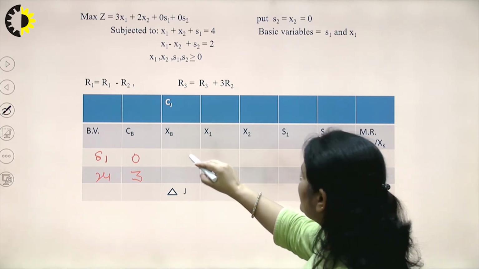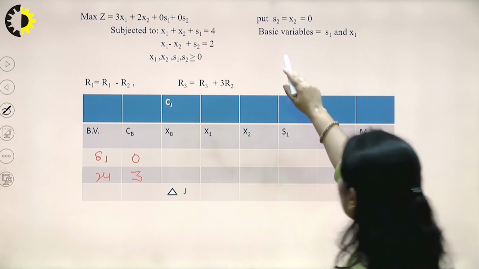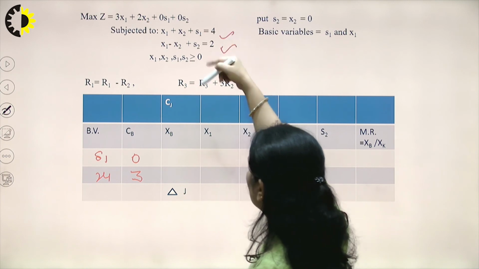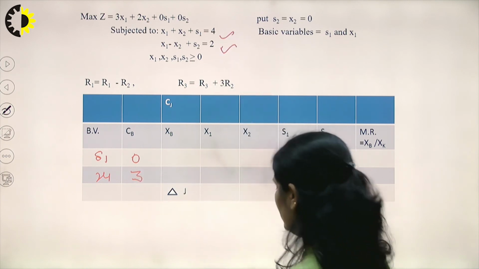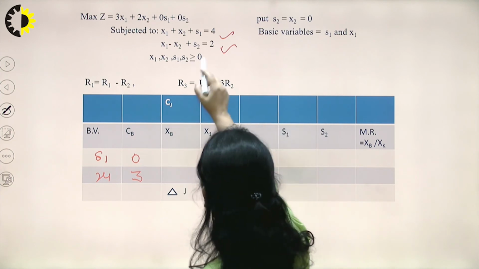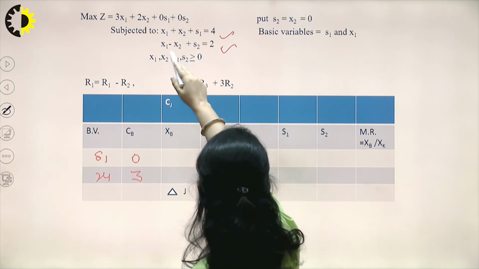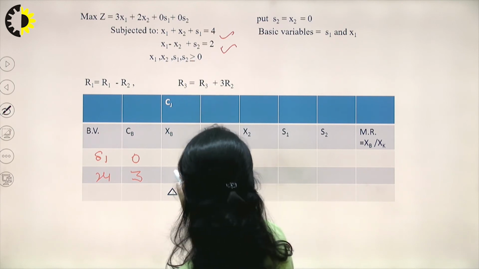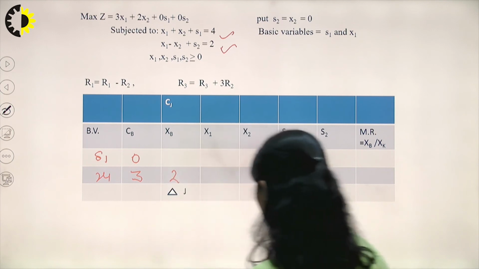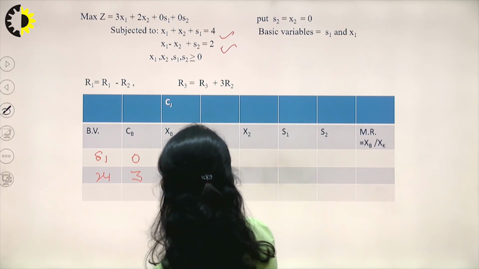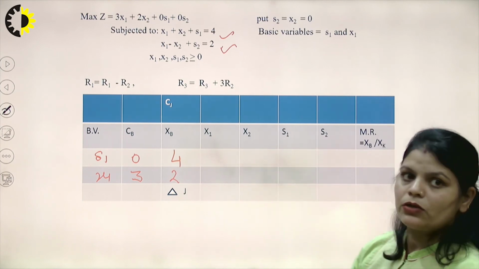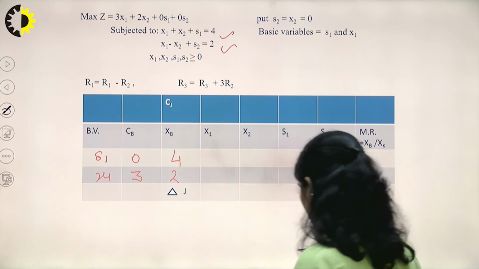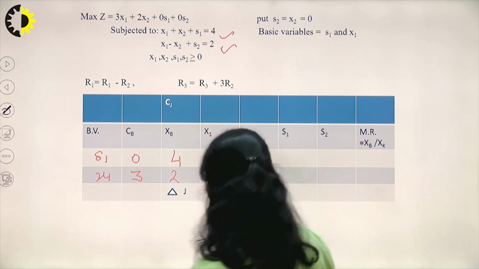The value of basic variables we get when we put S2 and X2 equal to 0 in these two equations and solve for S1 and X1. Looking at the second equation and putting S2 and X2 equal to 0, we get X1 equal to 2 and the value of S1 we will get equal to 4. Clear? So we are implementing the row operation here. So what will we get? We will get 0 here.